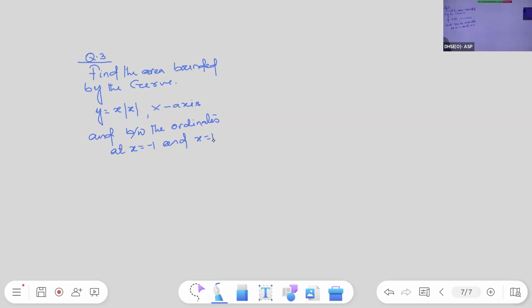Find the area bounded by the curve y is equal to x mod x, x-axis, and between the ordinates at x is equal to minus 1 and x is equal to 1.